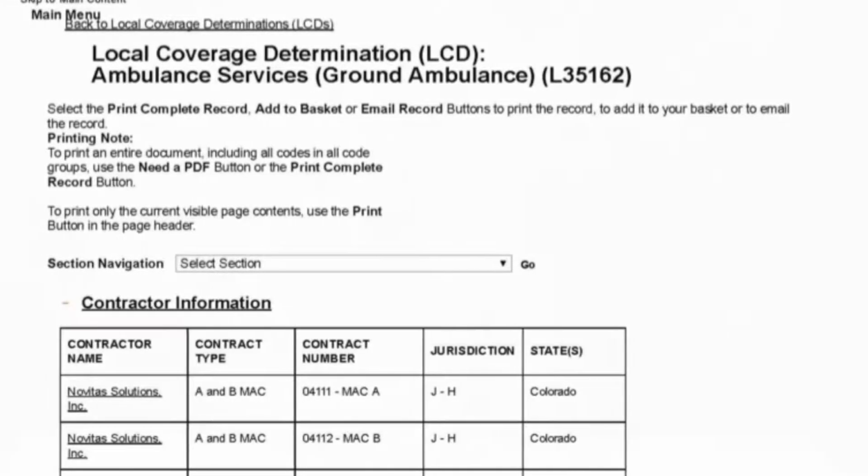One common example is the many differences between Medicare and Medicaid. Because Medicare is a federal program, the coverage rules for ambulance services are consistent across the country for Medicare Part B, though some Medicare contractors may have local coverage determinations that may impose additional requirements in your area.